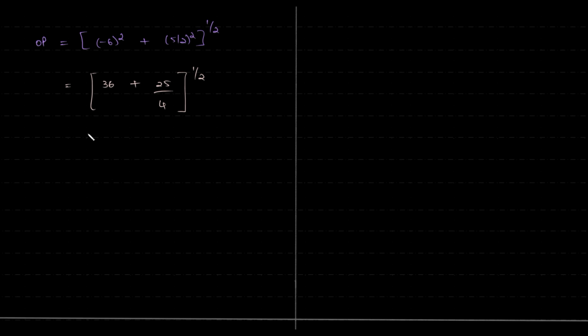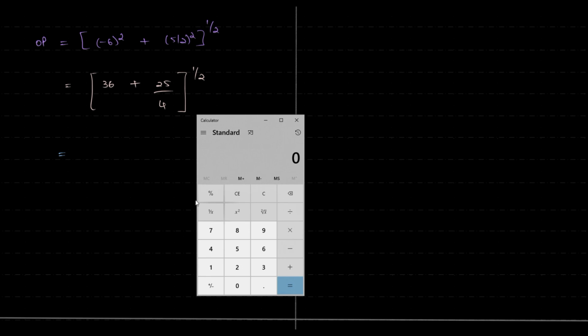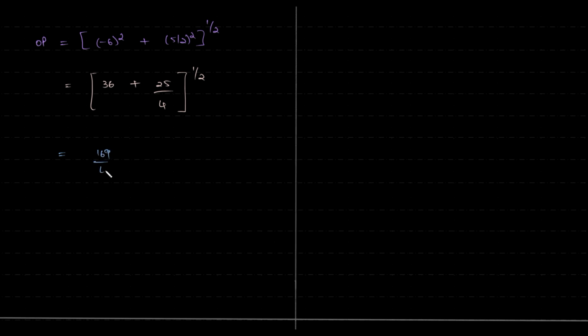Yeah, I made it complicated for myself. Now 36 into 4 plus 25 is what I have to do. 169 by 4, square root of this. So basically square root of numerator divided by square root of denominator. Clearly this is 13 by 2.